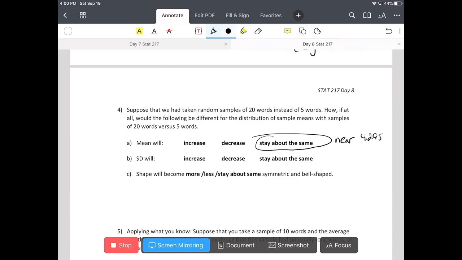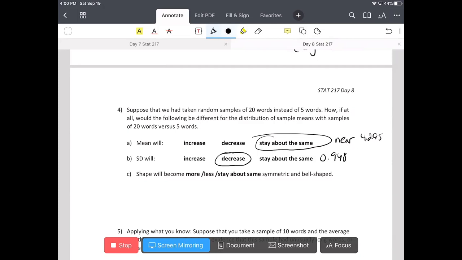So what's going to happen to the variability? Is it going to increase or decrease? It's going to decrease. It was about 0.948 before. It's going to decrease quite a bit as your sample size goes up. You can calculate that to check, but it makes sense because you're dividing by the square root of n.